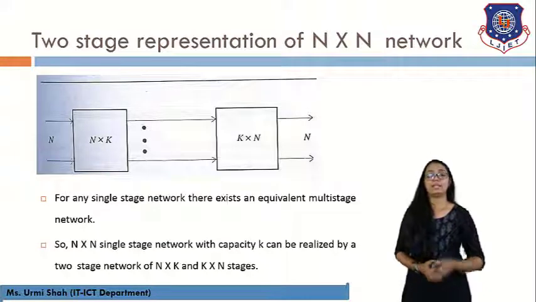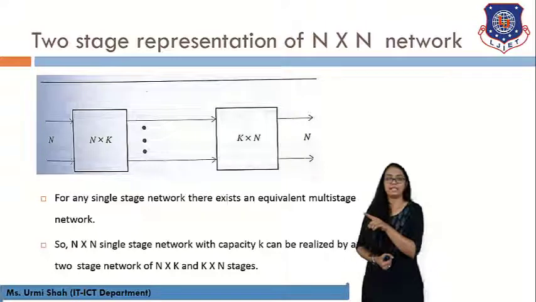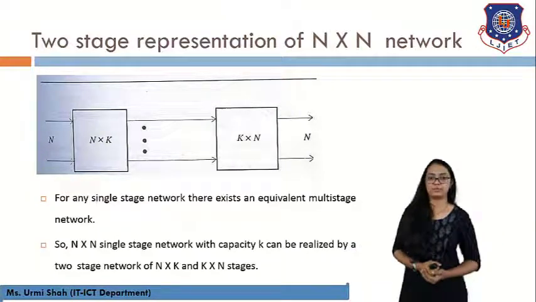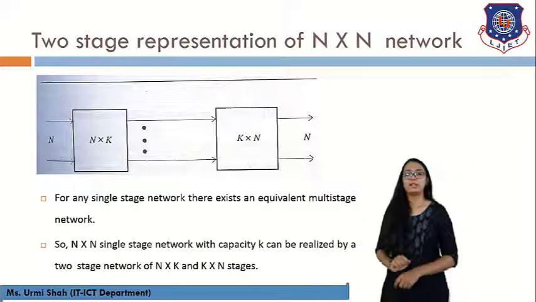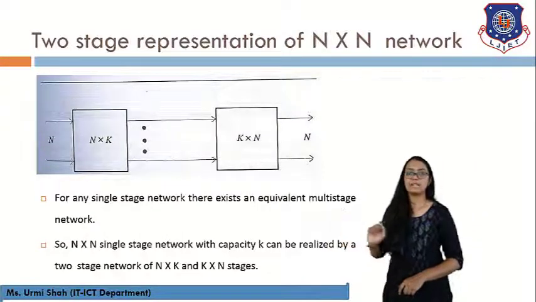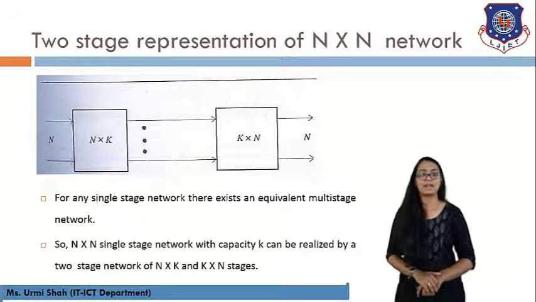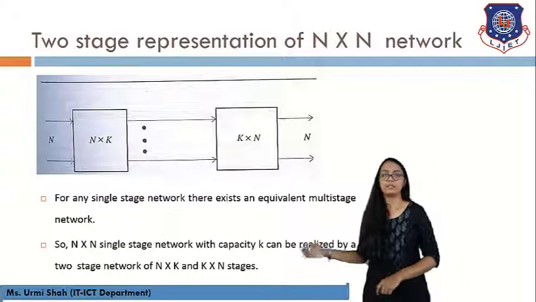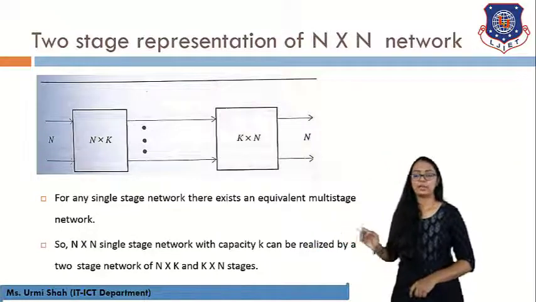This way, by assuming the value of N, we can create any N cross N network. So, an N cross N single stage network with capacity K can be realized by a two-stage network of N cross K and K cross N.